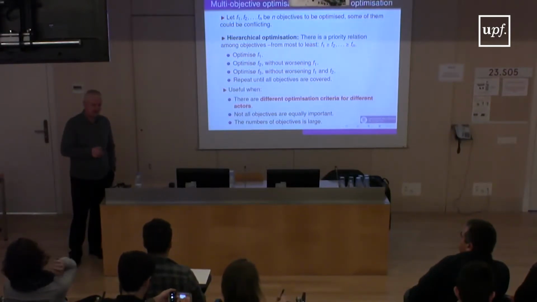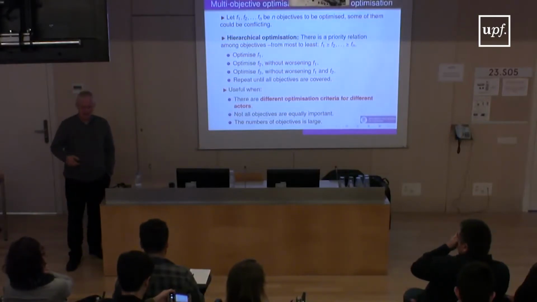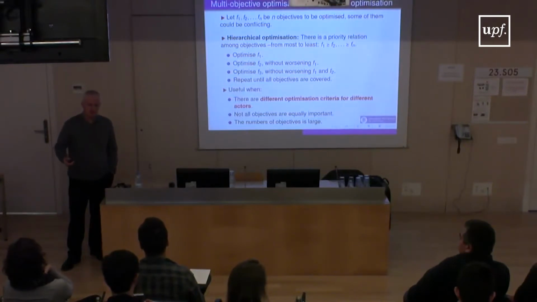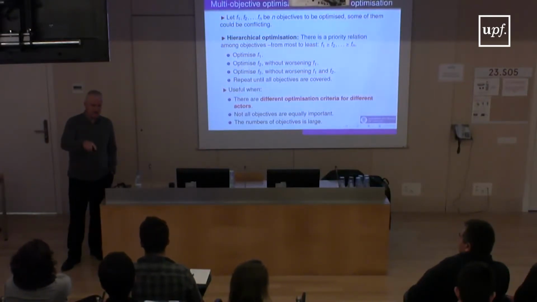So the condition is that, assume, for example, that you have optimized F1 and now you are optimizing F2. When exploring the neighborhood, whenever you check a new solution, you accept that solution if it doesn't worsen F1, right?